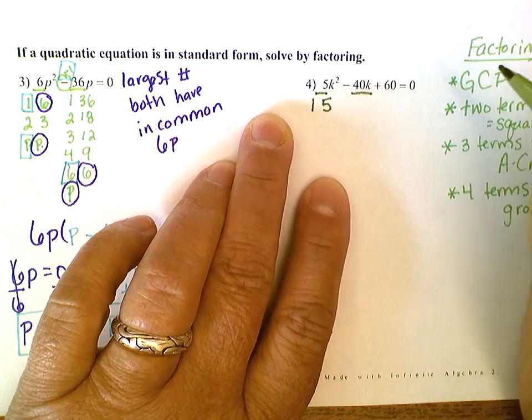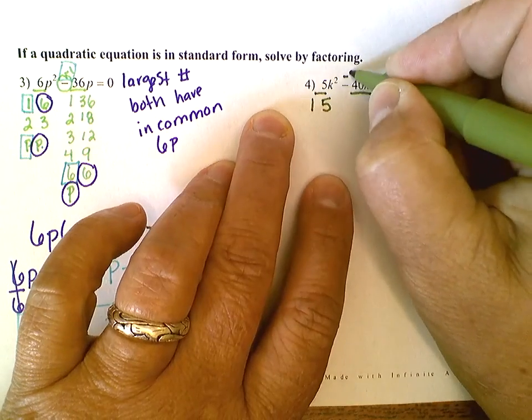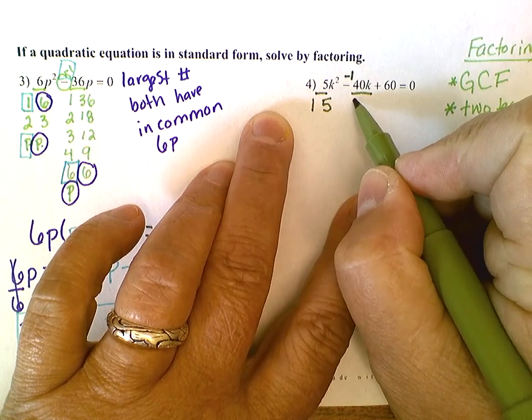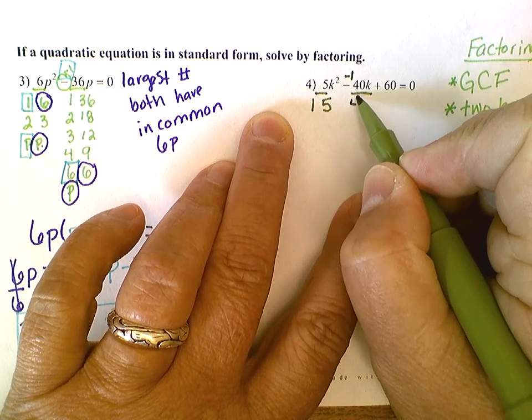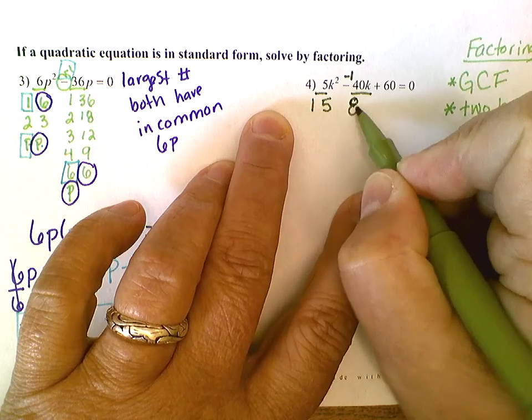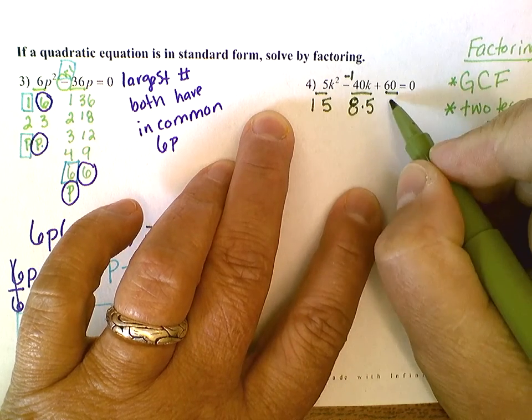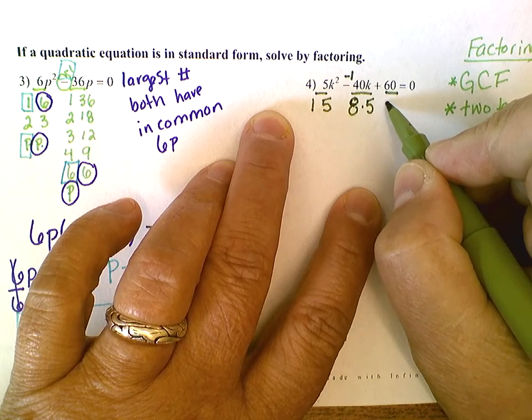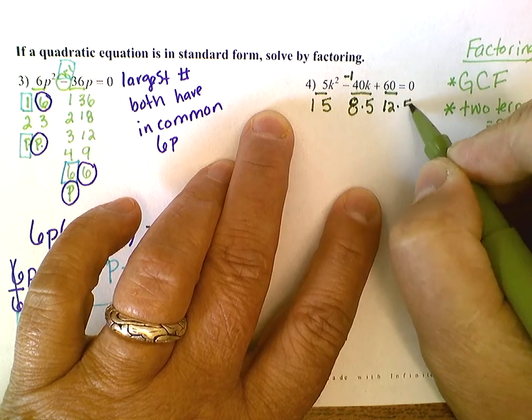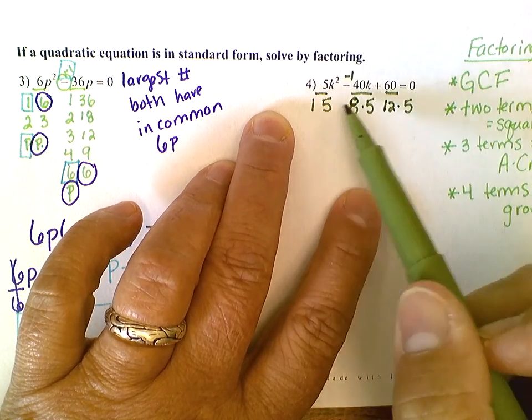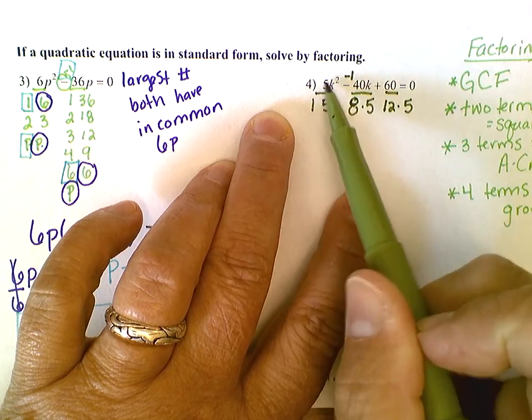Okay? I'm going to take the shortcut because I know my times tables, and I'm going to write 8 times 5. And here I'm going to write 12 times 5 because I know 5 is the largest number that can be factored out.